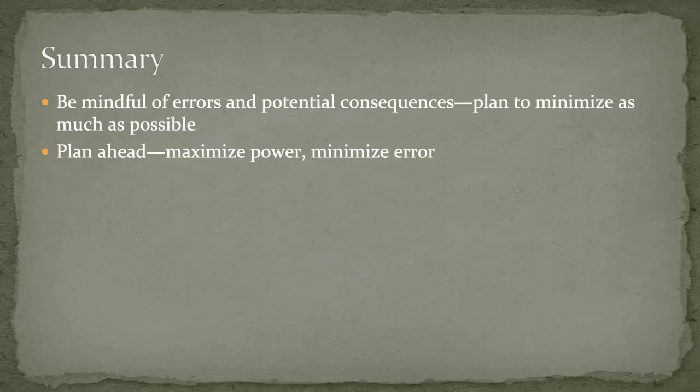Did they do any power calculations? What kinds of things did they think about up front? Did they look at things after the fact? Did they just completely ignore the types of error and power altogether? Which oftentimes they do. So these are some considerations to go along with hypothesis testing.